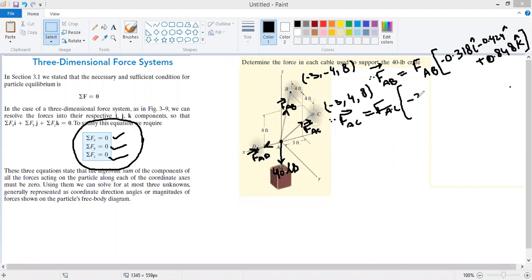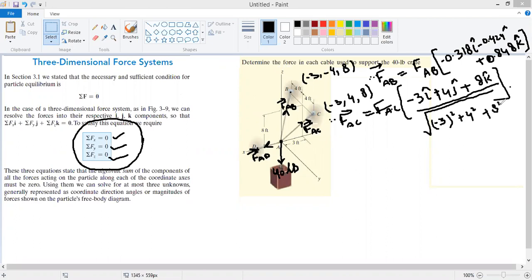I will directly write that as minus 3 i cap plus 4 j cap plus 8 k cap divided by the magnitude of this vector. The magnitude of this vector is under root of minus 3 square plus 4 square plus 8 square.